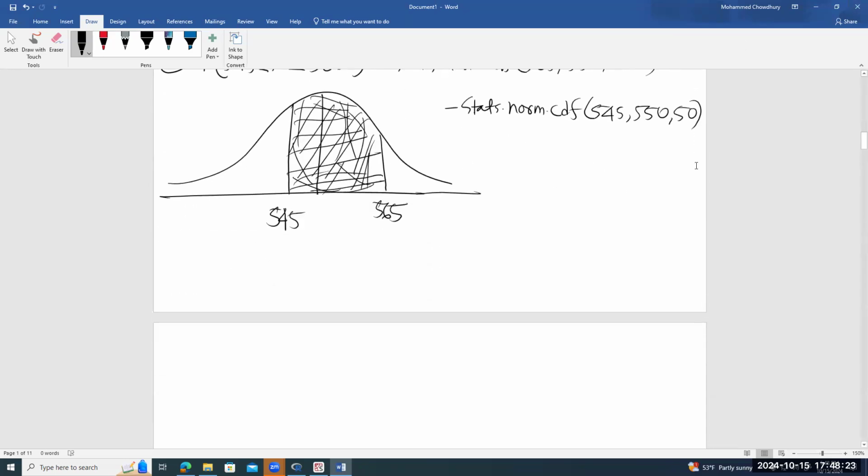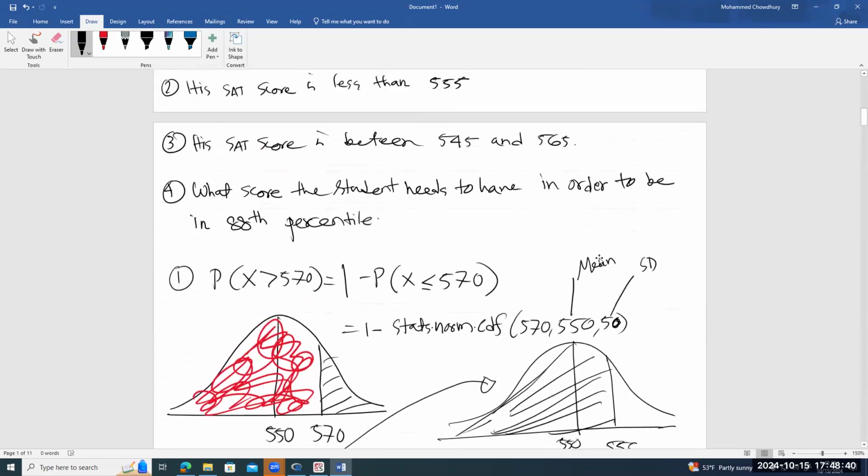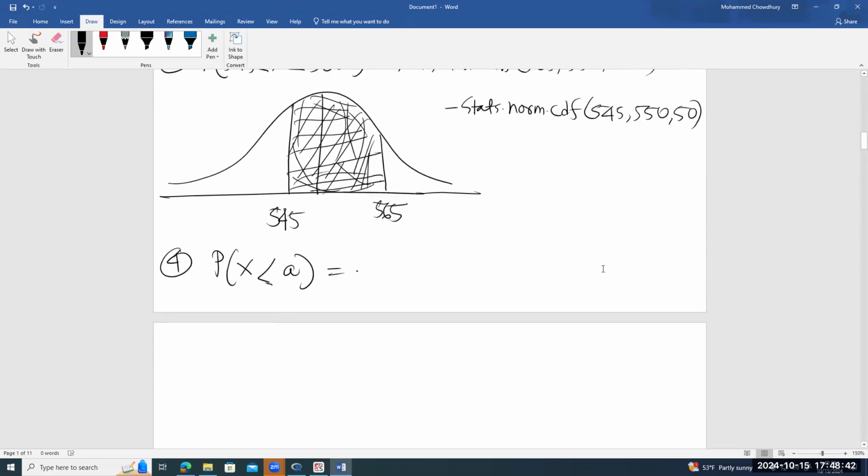So the fourth one is an inverse problem. It is asking you to find the value so that it should be the 88th percentile. It should be 88.